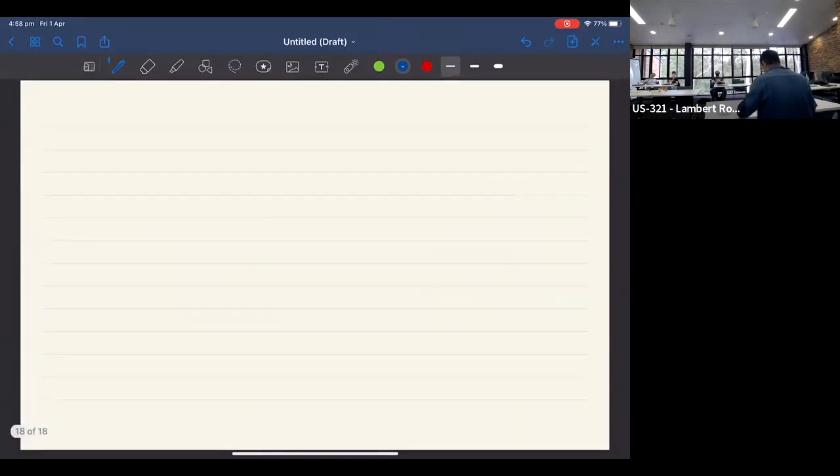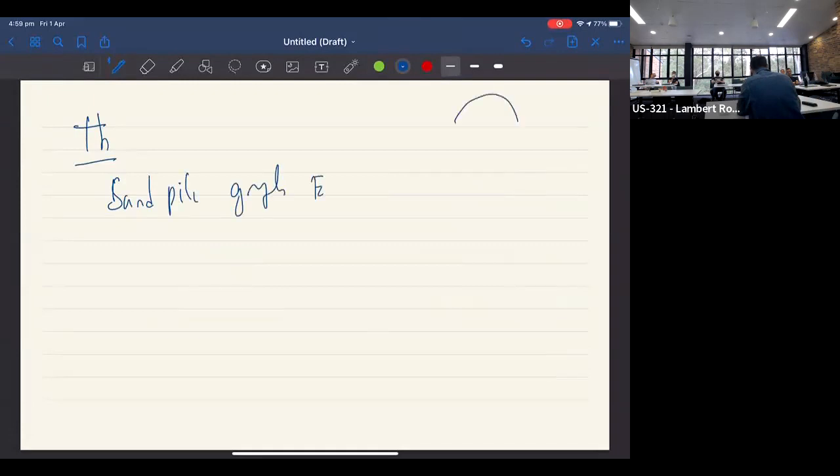And for the Sandpile, remember you had this Sandpile graph, E. And you have this distribution of the grains there. Then you have the Sandpile SPE.